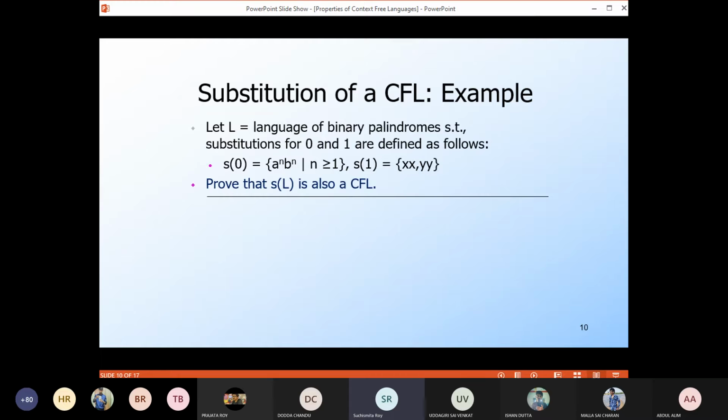You can make it non-empty binary palindromes. Please try to generate the language and then read out the productions.